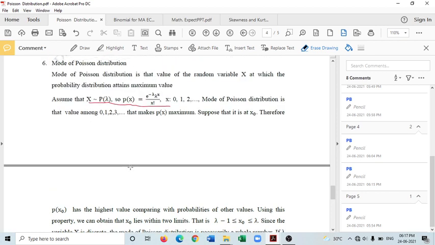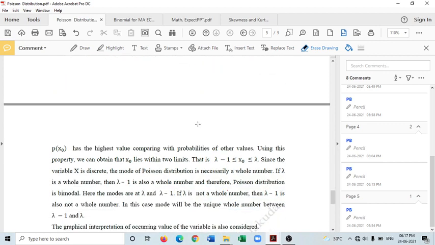That is, x0 is one of the values among 0, 1, 2, etc. We can obtain a set of limits within which x0 will belong, that is the limits lambda minus 1 and lambda. These limits will offer the mode of Poisson distribution. We can note that these limits are two consecutive numbers, lambda minus 1 and lambda.